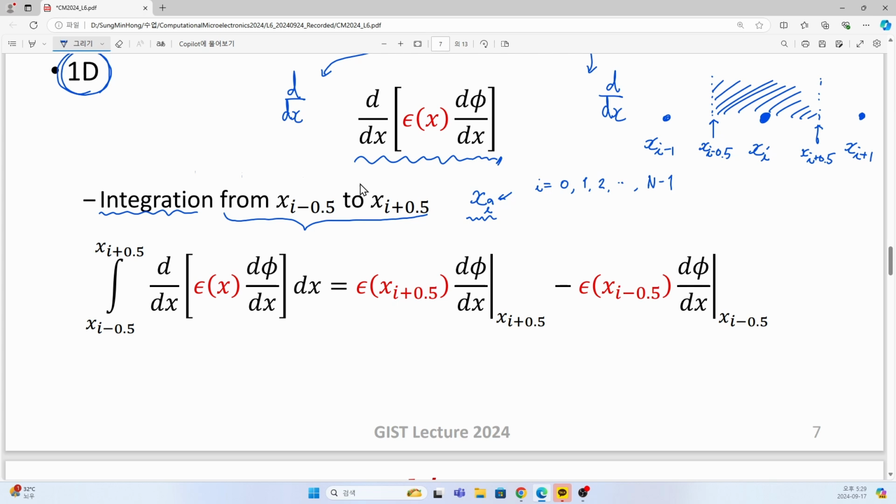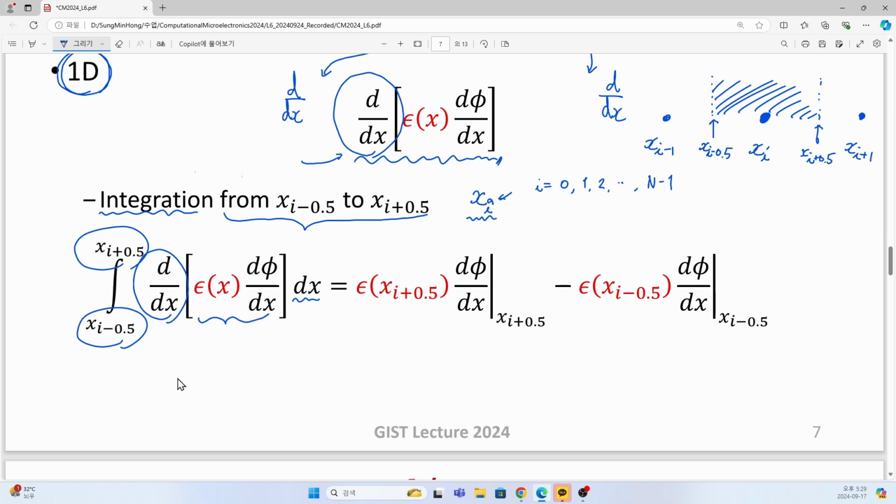Of course, this expression itself is a differential form. So when we make an integration, this first derivative can be eliminated, and of course we must evaluate the integrated form at the lower bound and upper bound.